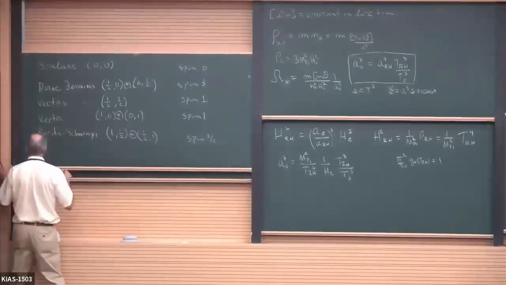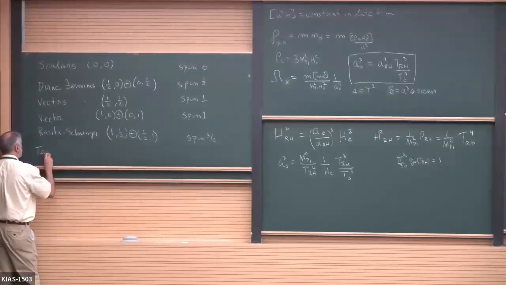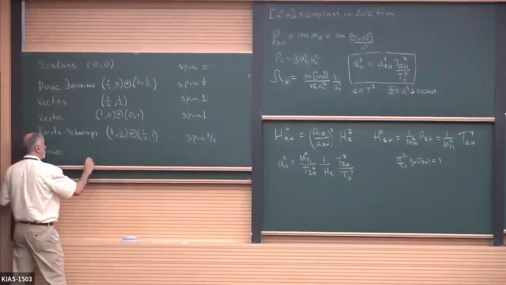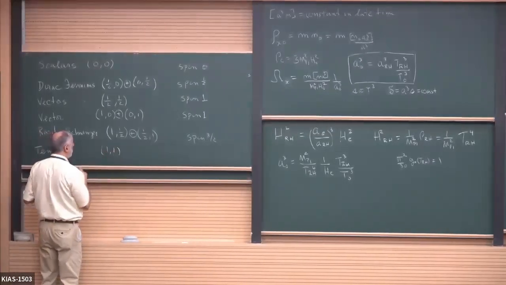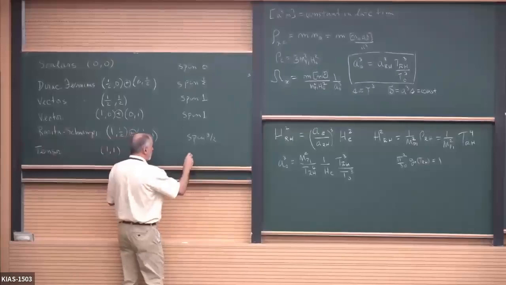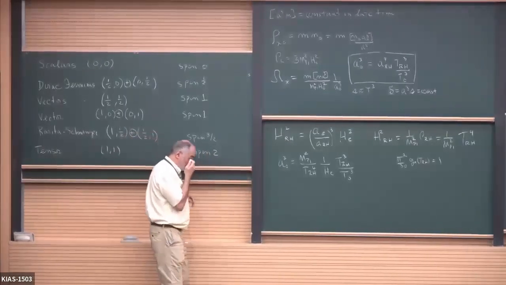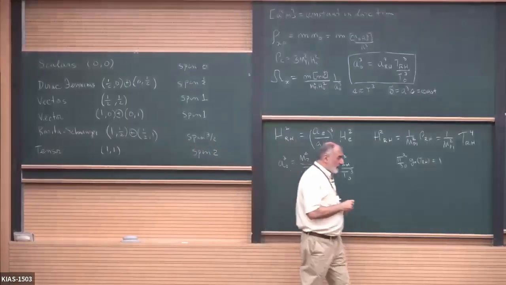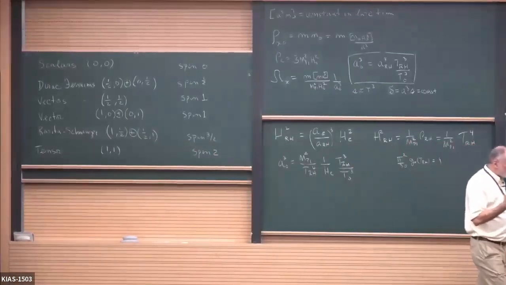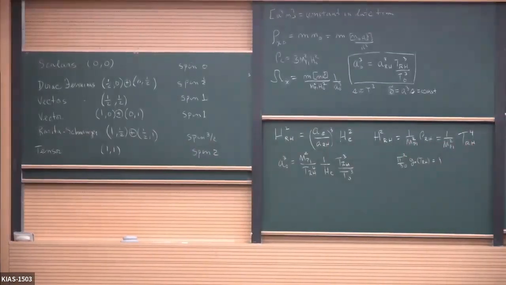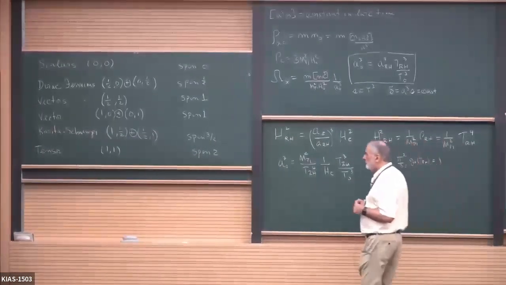And we can have tensor fields which transform as the (1,1) representation, and this has spin 2. And these are legitimate quantum field theories that can be produced from these types of particles.